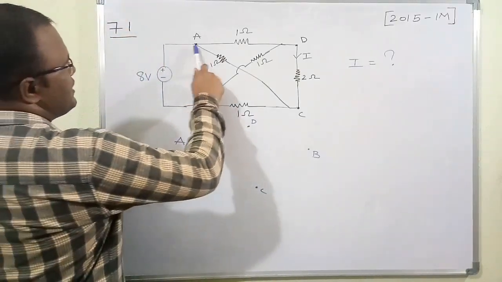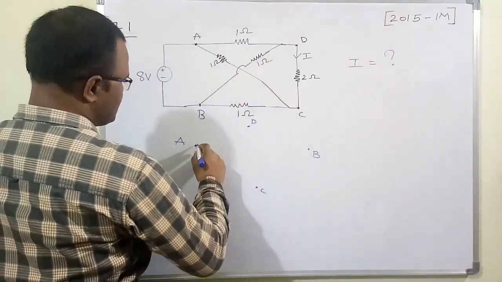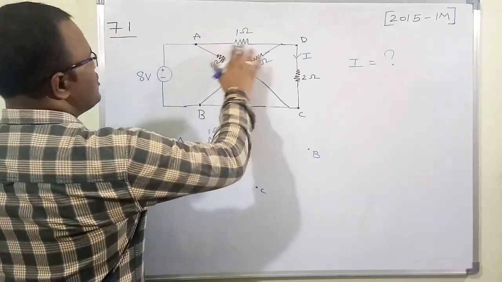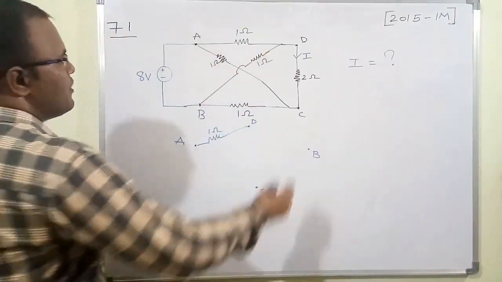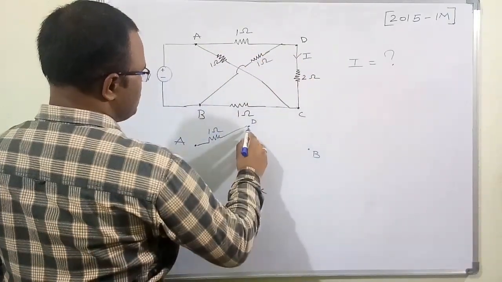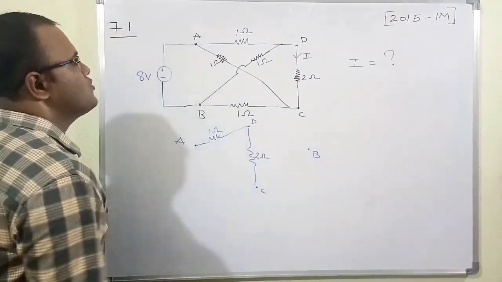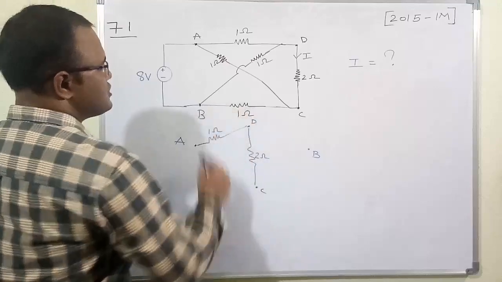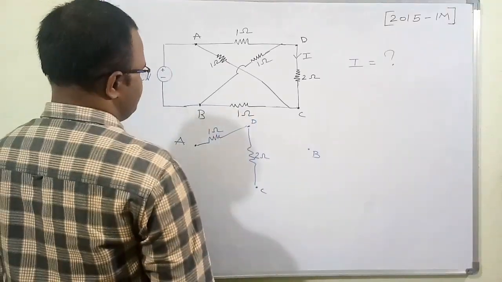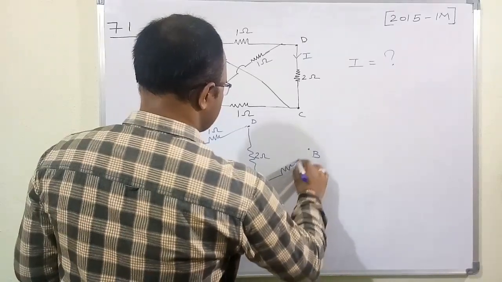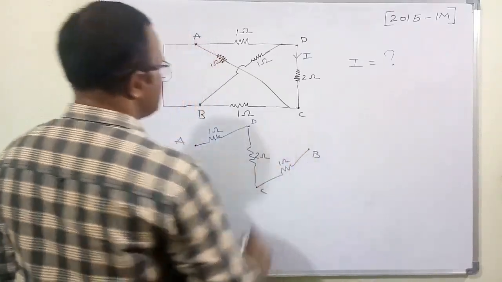See, between A and D there is a 1 ohm resistor. From D to C there is a 2 ohm resistor. From C to B there is a resistance of 1 ohm. Between A and C there is also a resistance of 1 ohm.